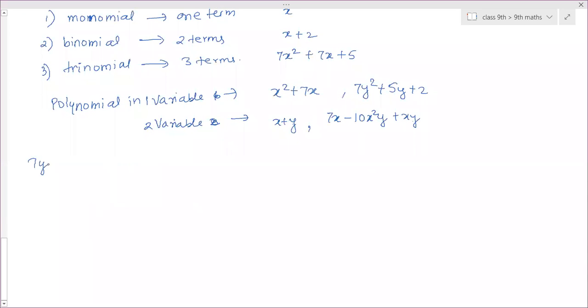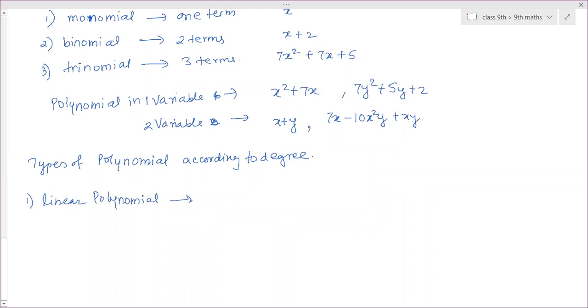Now next is types of polynomials according to degree. The first one is linear polynomial. Linear polynomial has degree 1.